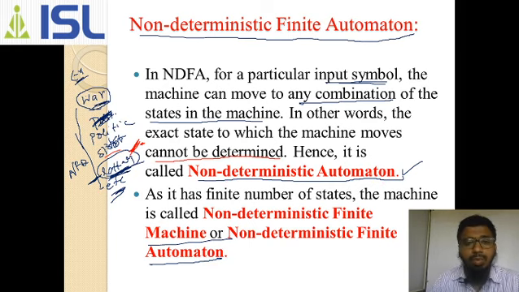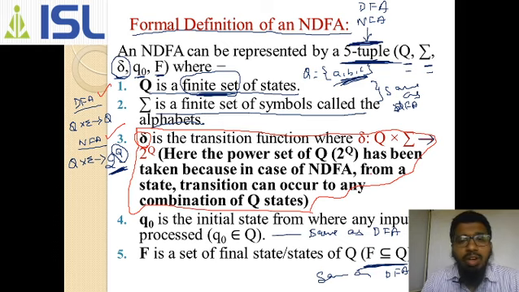Okay, the formal definition of NDFA is a five-tuple: Q, sigma, delta, q naught and F. Q is a finite set of states, and sigma is a finite set of symbols called the alphabet. Here delta maps to 2 to the power of Q, because however many states there are in Q, that many possibilities will be there.